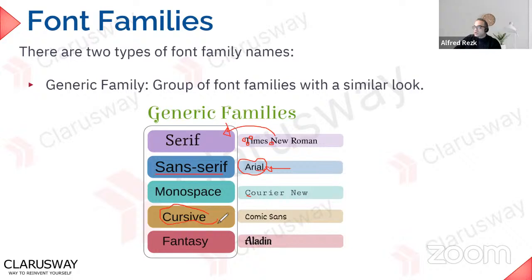You have the cursive, for example Comic Sans, which is trying to mimic handwriting. That's what cursive fonts are. So it will look like handwriting fonts. Also, you have the fantasy category, an example of which is Aladdin, that has some styling to it.